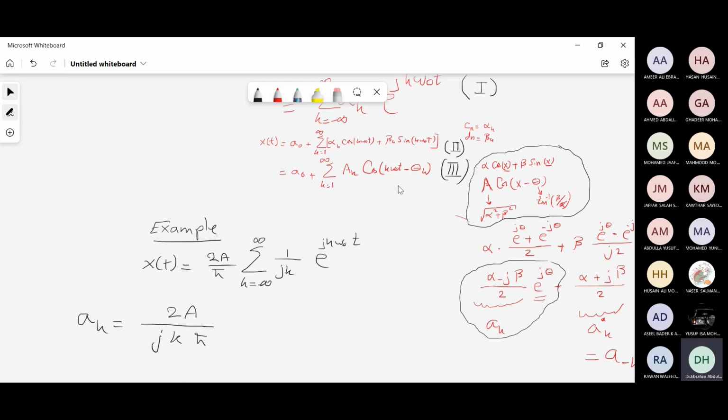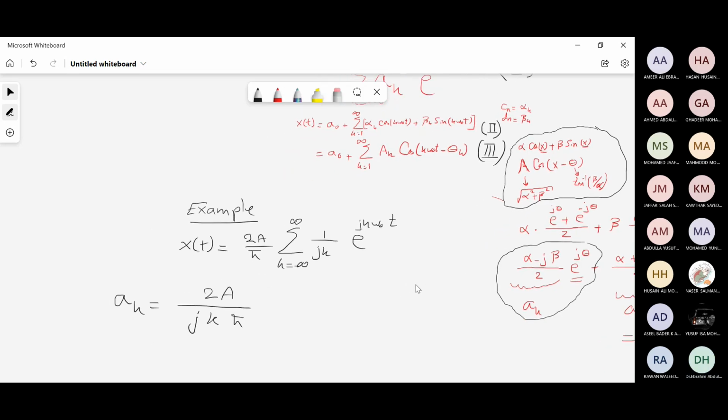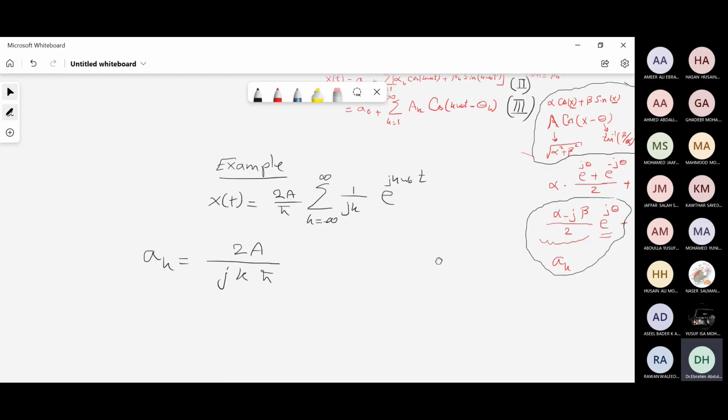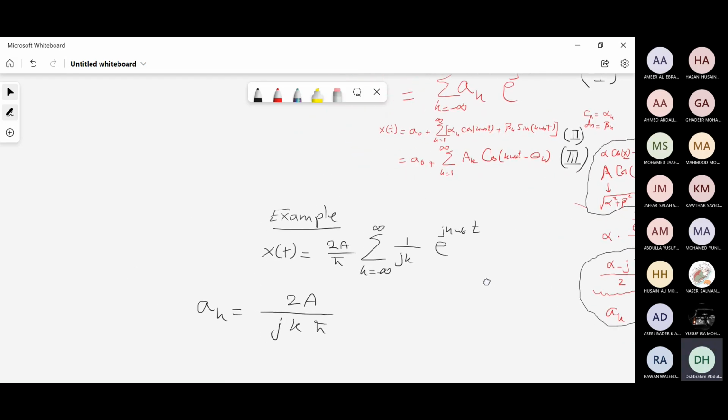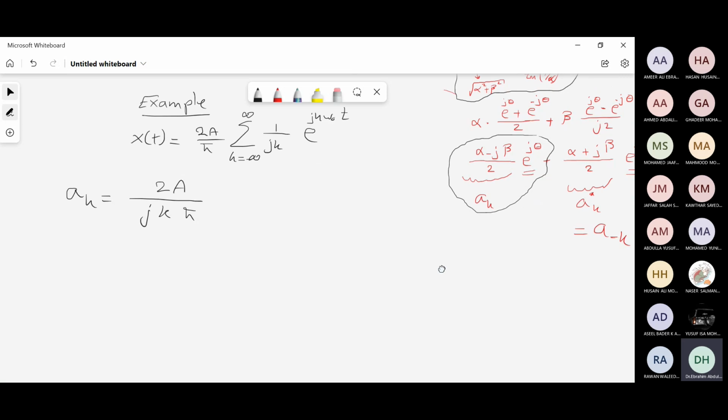I want to find form number 2 and form number 3. So to find form number 2, as we said, ak is equal to alpha k minus j beta k divided by 2.